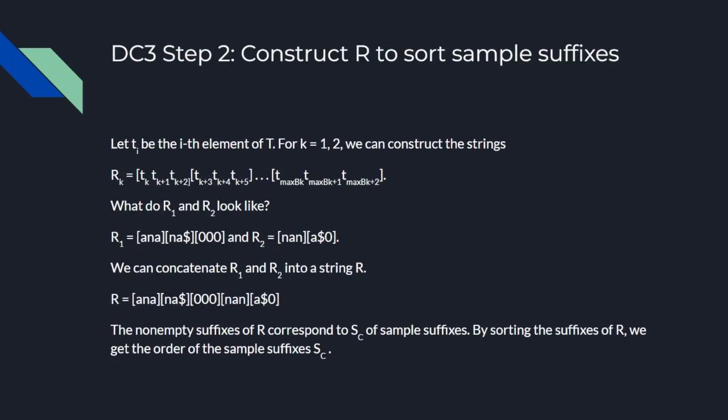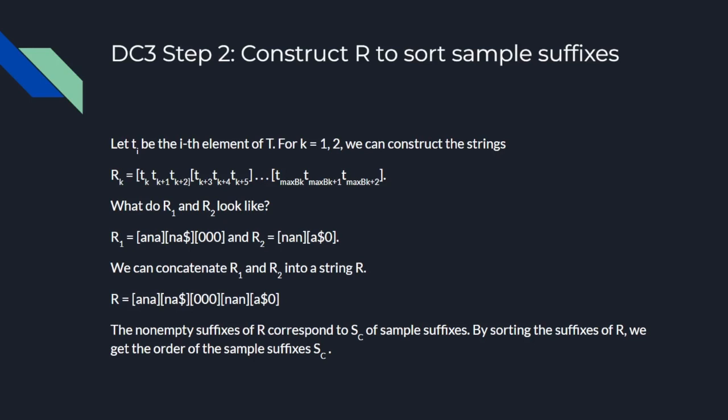The second step for DC3 is to construct R, which we can then use to sort the sample suffixes. Let T of i be the ith element of T, and for k equals 1 and 2, we construct the strings where R of k equals the triples T of k, T of k plus 1, T of k plus 2, and keep going up until we get to T of max B of k, T of max B of k plus 1, and T of max B of k plus 2.